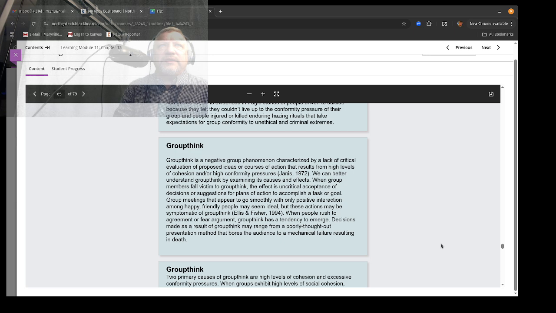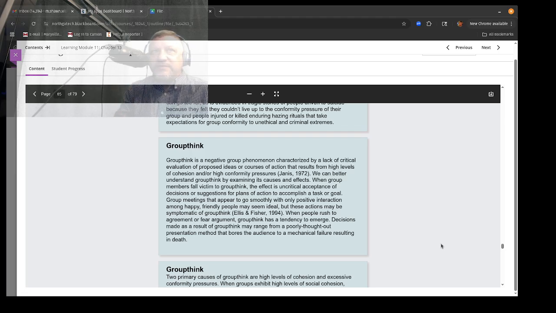Groupthink, it's another important part of communication within groups we need to talk about. Groupthink is a negative more than it is a positive. It's a negative phenomenon characterized by a lack of critical evaluation of the proposed ideas or courses of action that results from high levels of cohesion and high conformity pressures. That's where coercion starts to come into play.